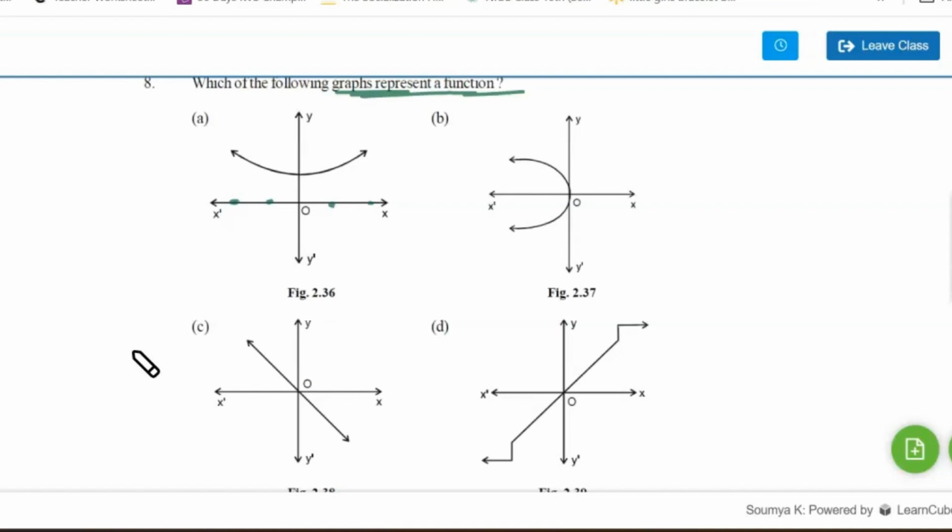Okay, so here consider it is this value, and the corresponding value of y will be here. That is different from another point, point 1, point 2. Both are different. Point 3 is different from point 4. So all are different values. So this represents a function. This shows it is a function. Okay, every x value has a different y value.